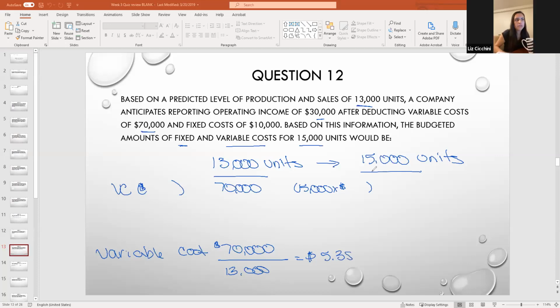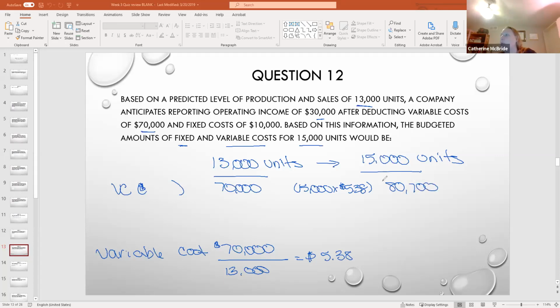The other one is 80,700. So we went from 70,000 to 80,700. Fixed costs, if we did 13,000 units, is $10,000.